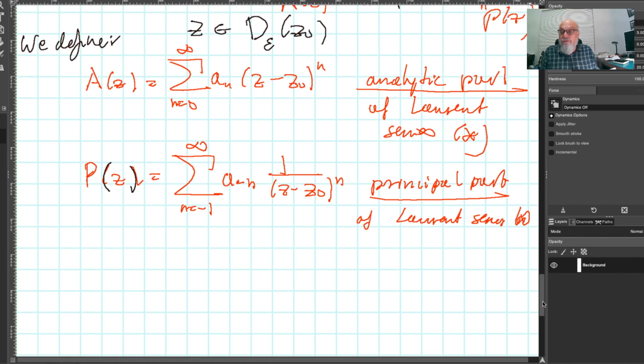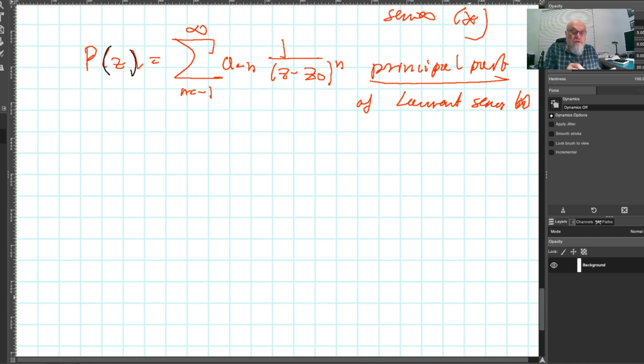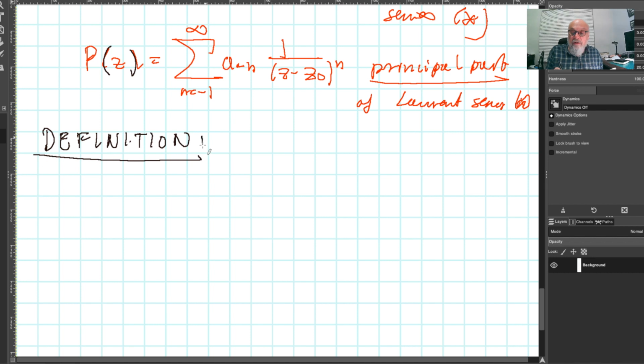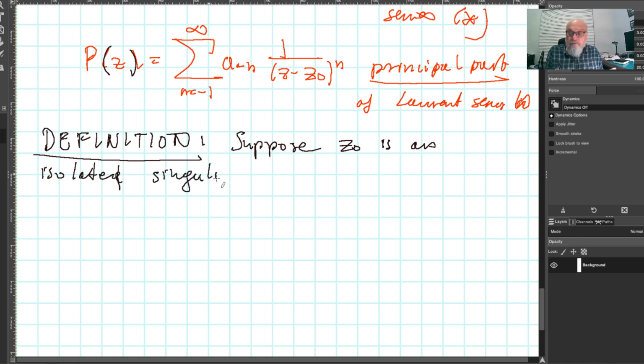And now we'll introduce a very important notion and put it like a definition. Suppose z0 is an isolated singular point of f of z, and we will do the following.